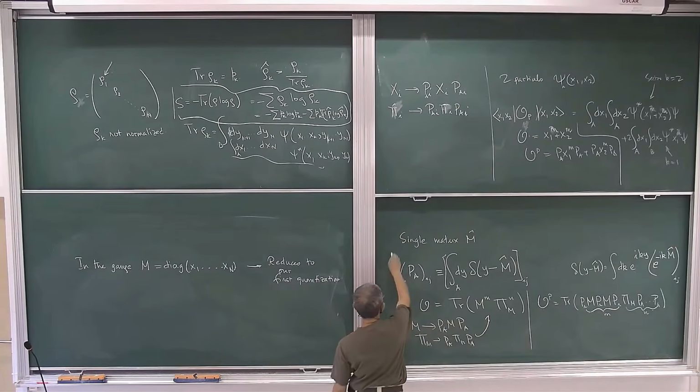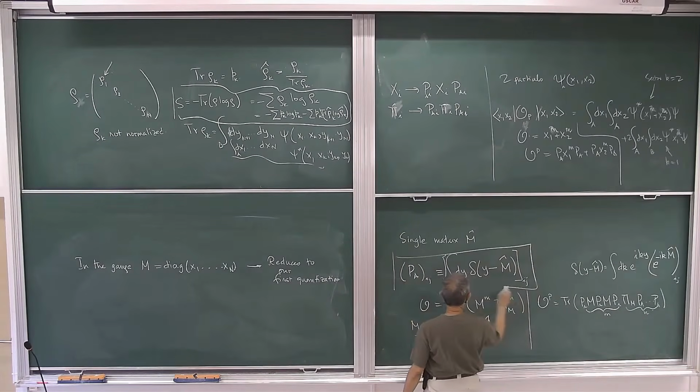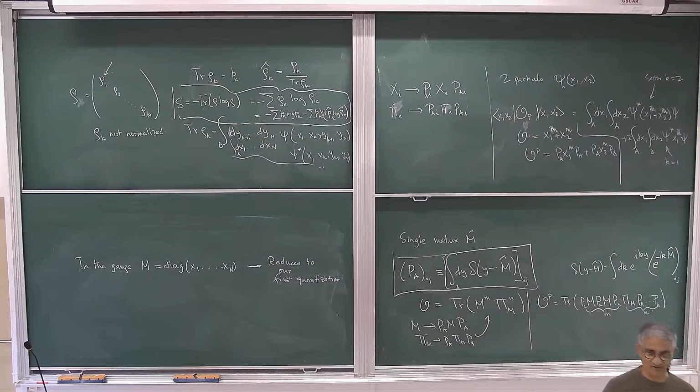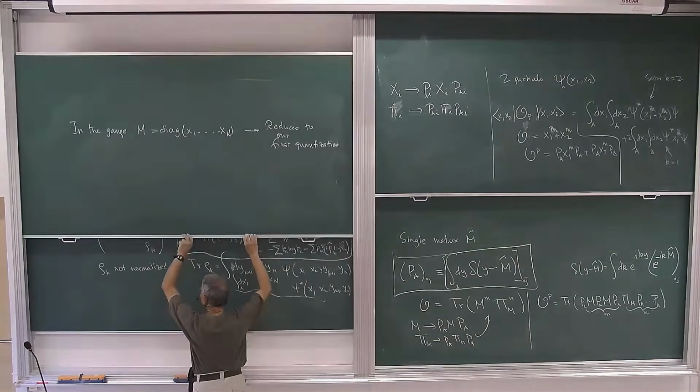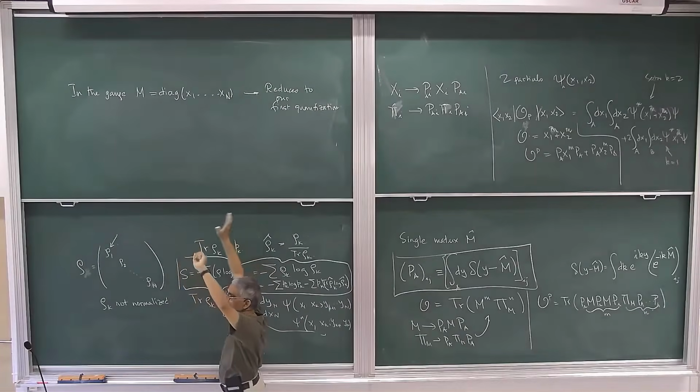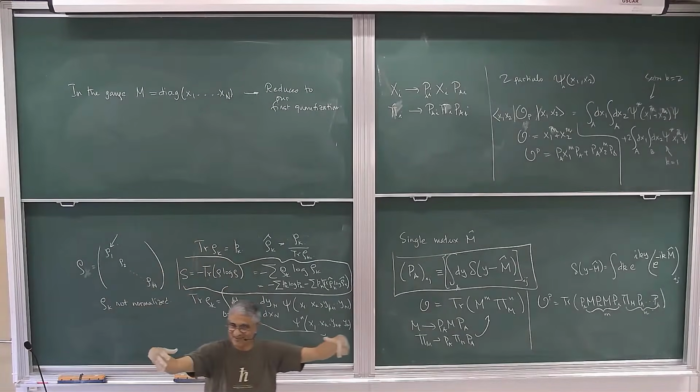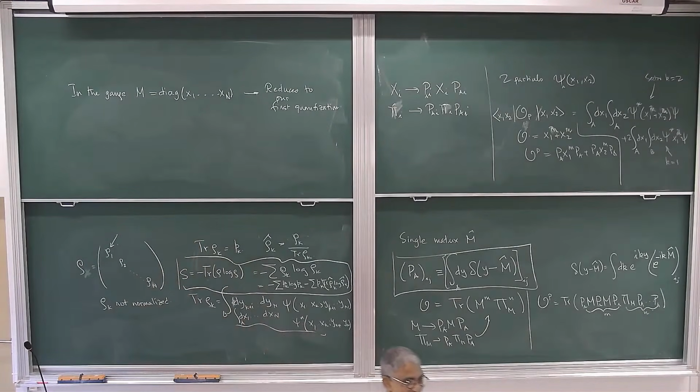This formula has to be thought about differently if you have multiple matrices. What is this M? Let me suppose I have a theory where, I mean, the calculations haven't been done in what I am going to say, but it has been done in simpler situations. Let's take the BFSS model, for example.